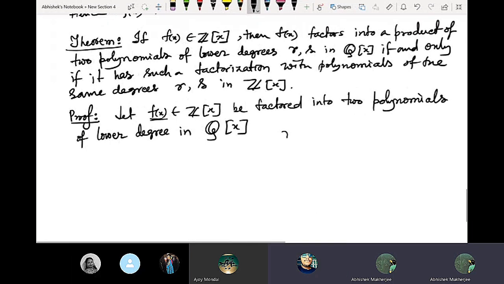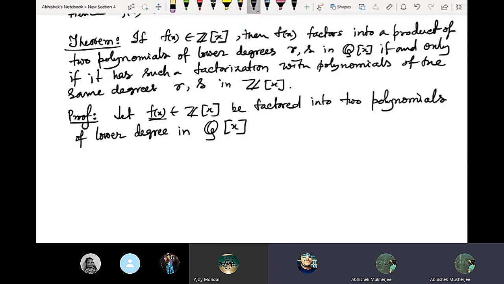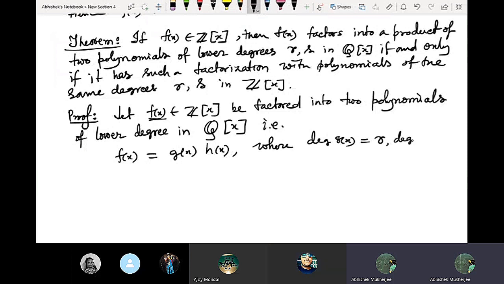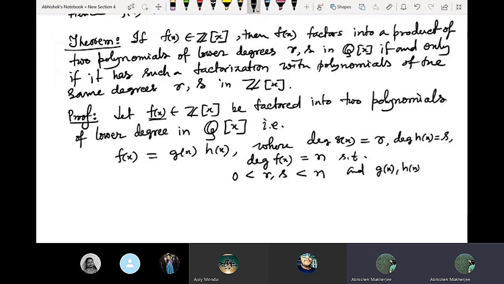That is, fx can be represented as the product of gx hx, where degree of gx is r, degree of hx is s, and we suppose that degree of fx is n, such that 0 less than r, s is less than n, and gx, hx both are in the ring Qx.